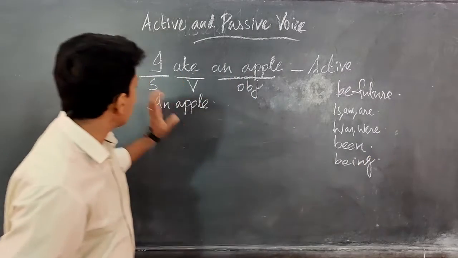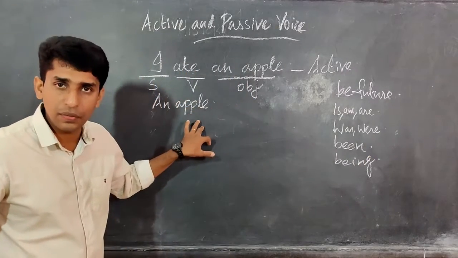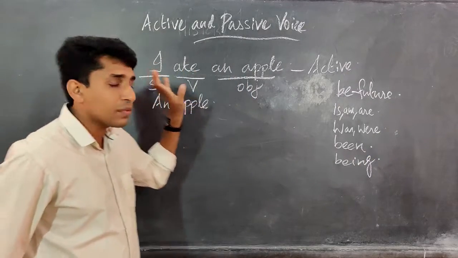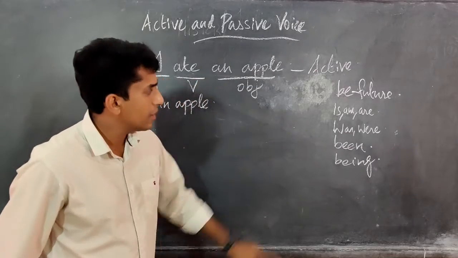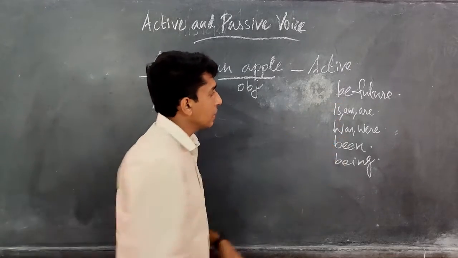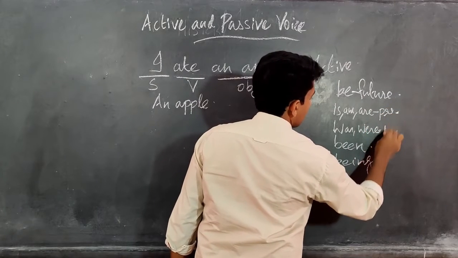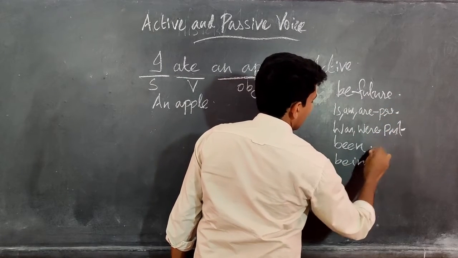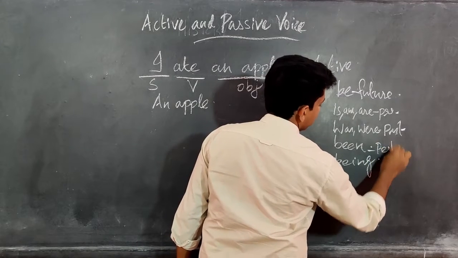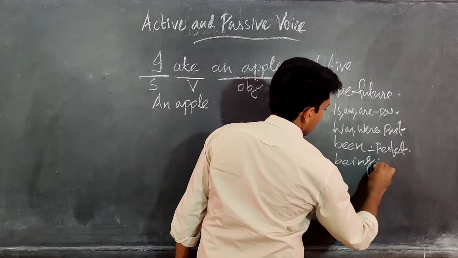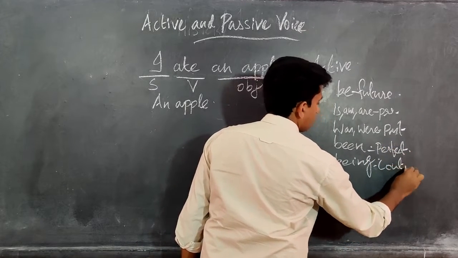So whenever we get a sentence to change to passive, we have to use a be form. This is future, this is present, this is past, this is perfect, and this is continuous form.